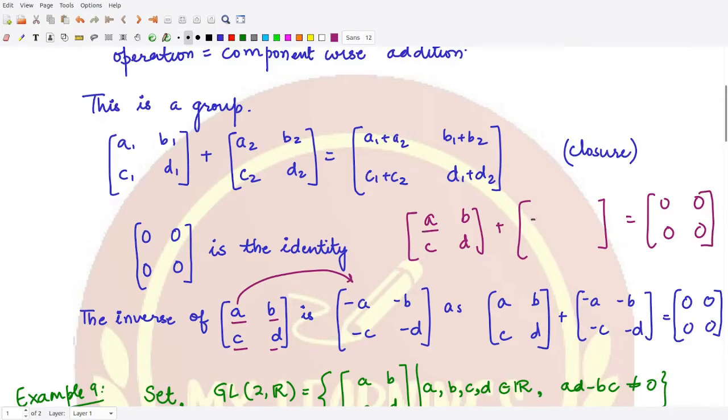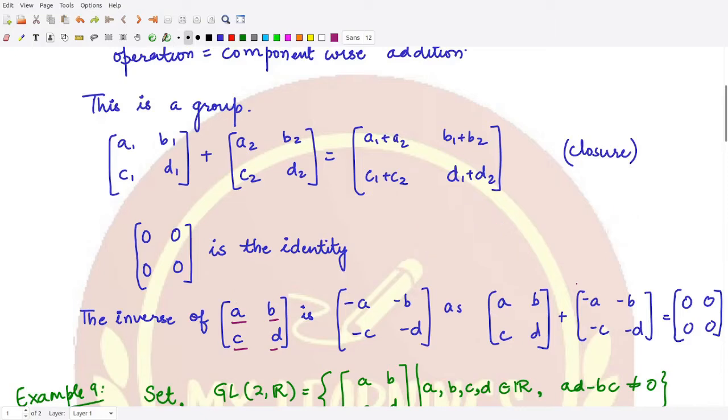When we add this to this, we should get 0, so it should be minus A. Next, when we add this to this, we get 0, so it should be minus B. Next, when we add this C to this number here, we would get 0, so it should be minus C, and similarly it should be minus D. So this is the inverse of each of the elements which is a member of the given set. Hence this forms a group under component wise addition, right?